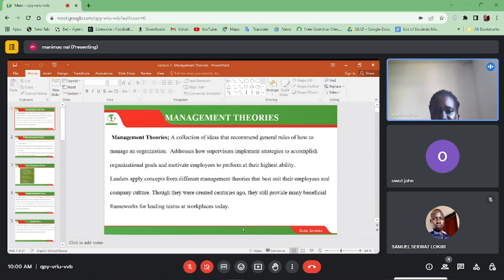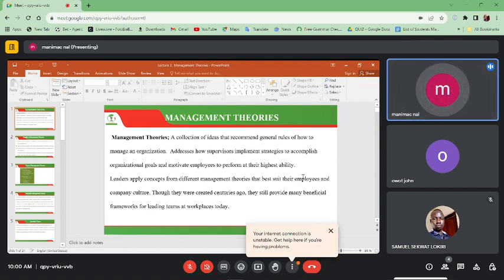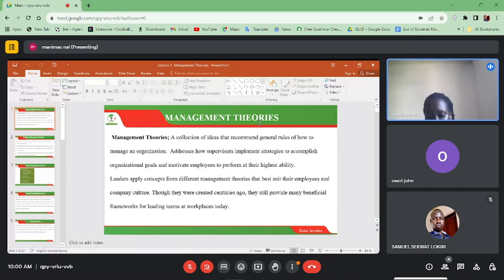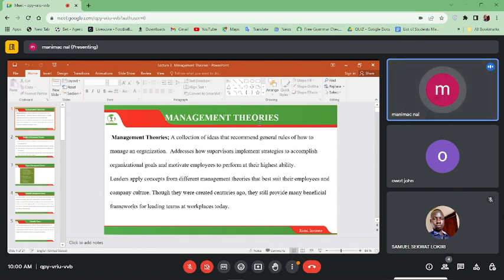So, if I start to define what is a theory, a theory refers to a careful thought, or an idea that is used to account for a situation or a justification or a course of action that we expect a theory to be in a position to elaborate and explain to us.